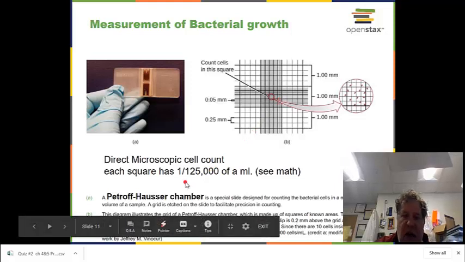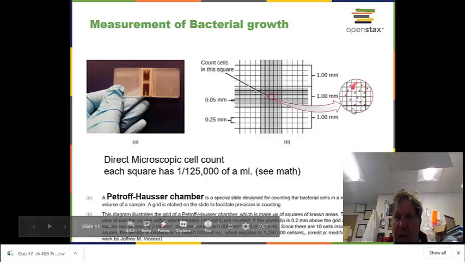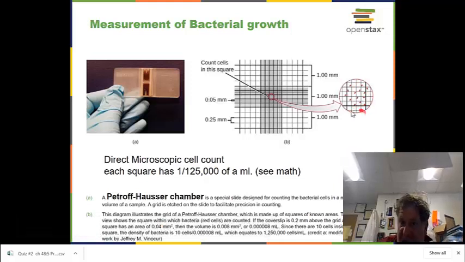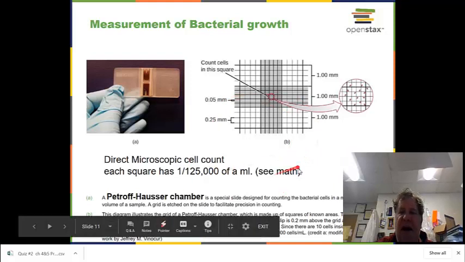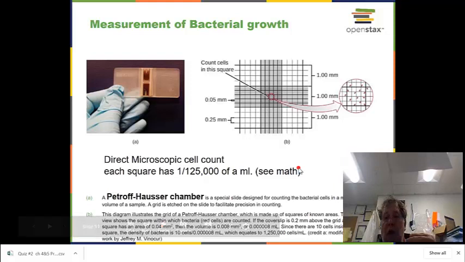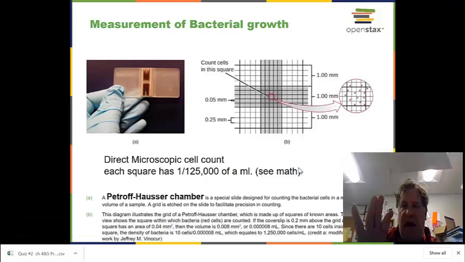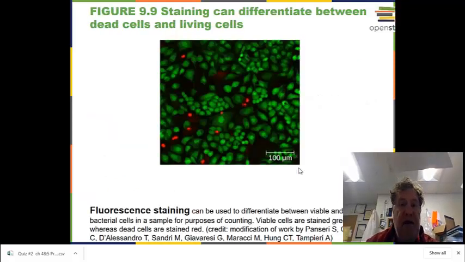If each square is, let's say, 1/125th of a mil, we know how big it is, we count 10 bacteria, and we know that there are that many per mil. I'm not going to go over the math right now. We'll do that a little bit later. But in what we call a direct measurement, we can put the bacteria on a slide and we can count them, even if they're very high in number.